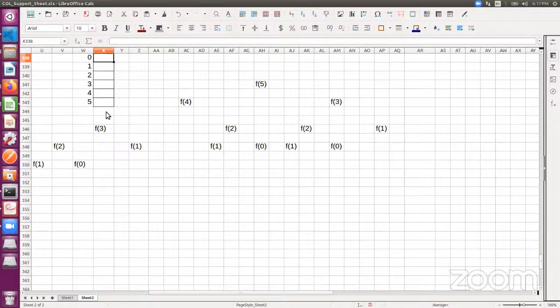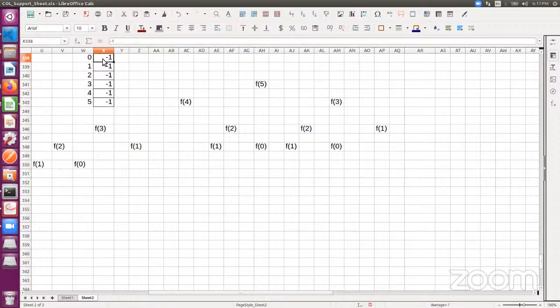So I'll mark them with a value which is not a Fibonacci number. 0 is a Fibonacci number, so I will not initialize all these values as 0. Instead, I'll mark it as -1, which means the Fibonacci number for that particular index is not yet calculated. Understood?